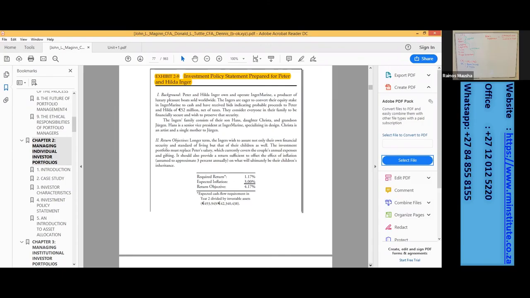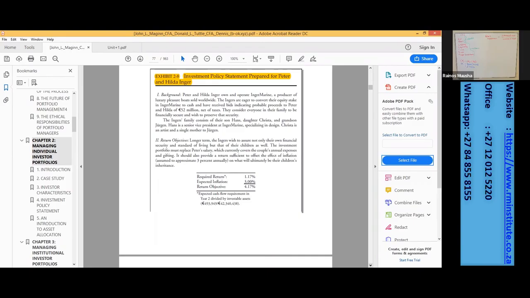They consider everyone in their family to be financially secure and wish to preserve that security. The Inga family consists of their son Hans, daughter Krista, and grandson Jürgen. Hans is a senior vice president of Inga Marine, specializing in design. Krista is an artist and single mother to Jürgen. So this is basically the background information when you're preparing the investment policy statement.